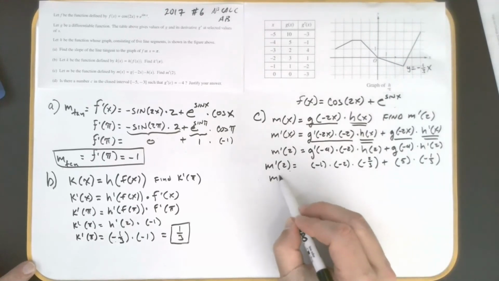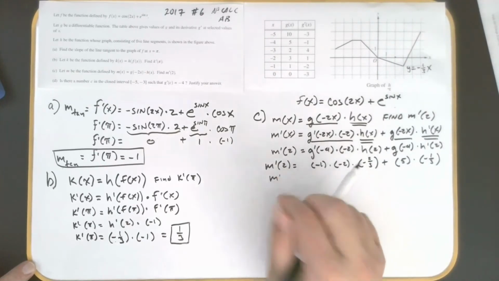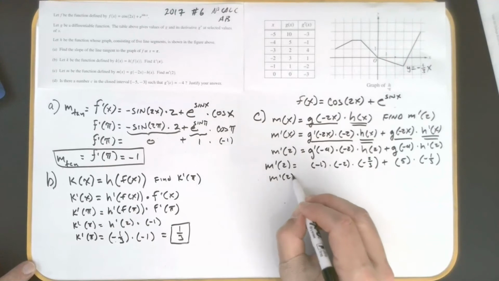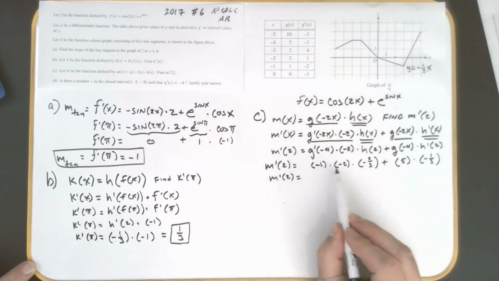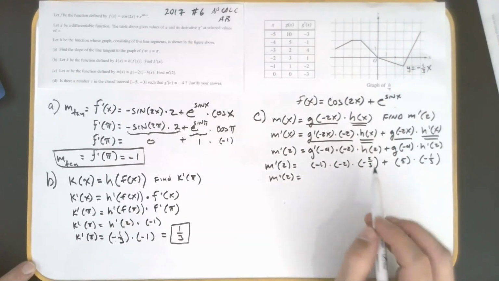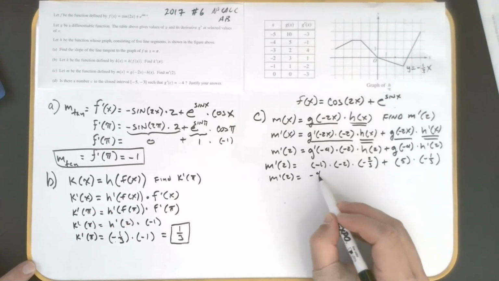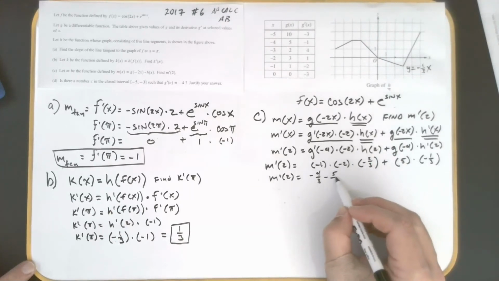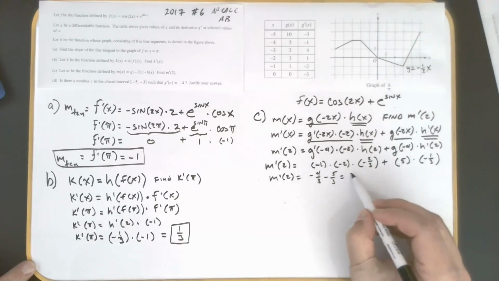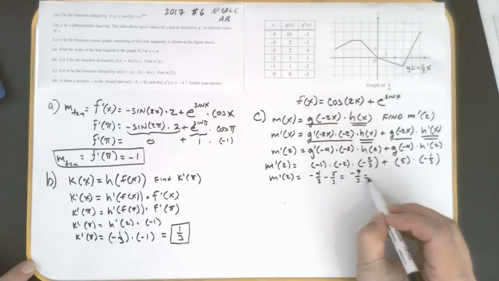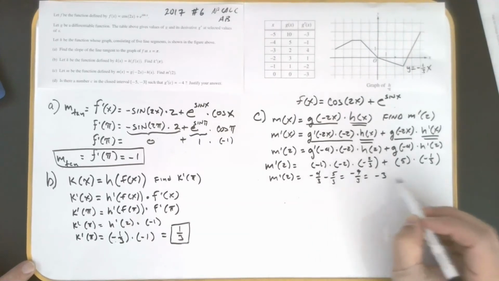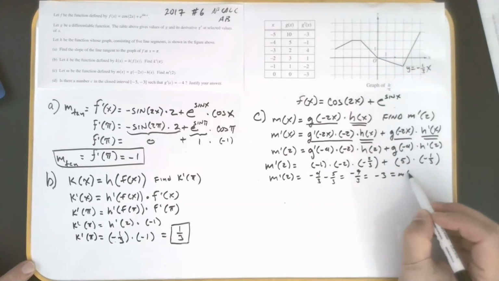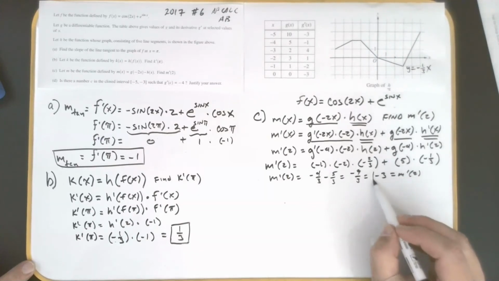So I think we can finally clean this up, and we can say, all right, m prime at 2 is equal to negative times negative times negative is a negative, and it looks like we get negative 4/3, and then we get minus 5/3. And that is negative 9/3, which would be negative 3. And that's what m prime of 2 was equal to.